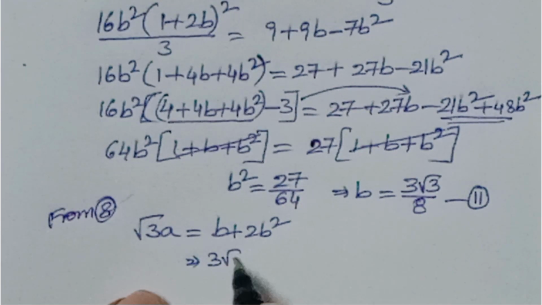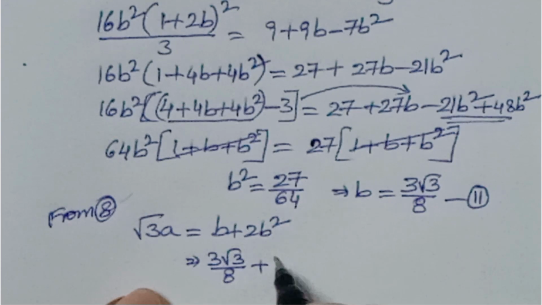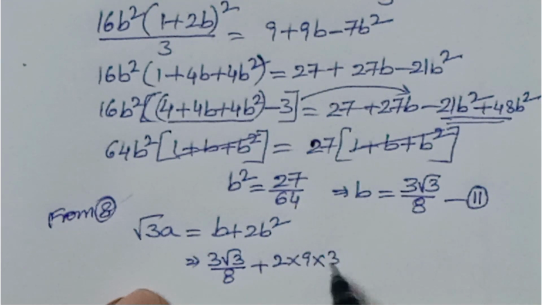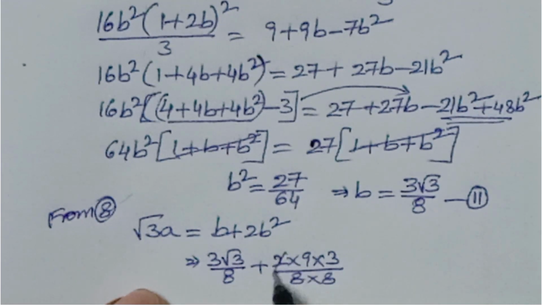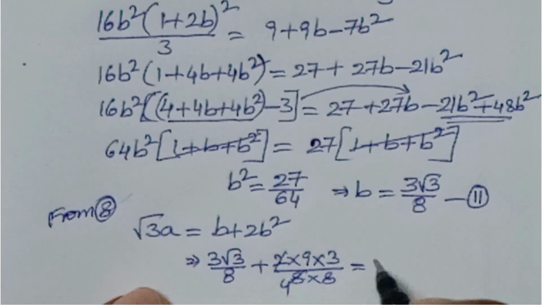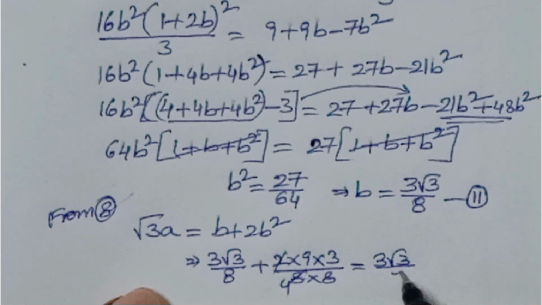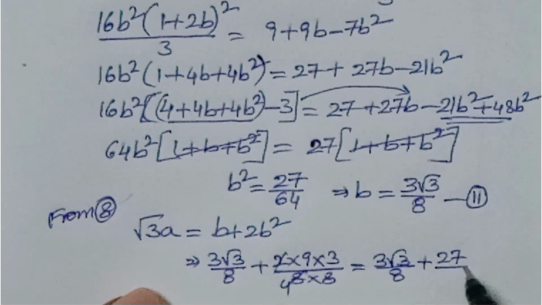So 3 root 3 by 8 plus 2 into 9 into 3 by 8 into 8. So here we'll get 3 root 3 by 8 plus 27 by 32.